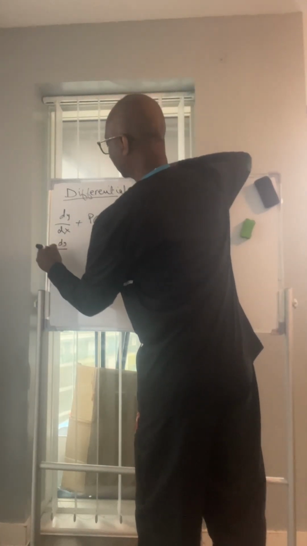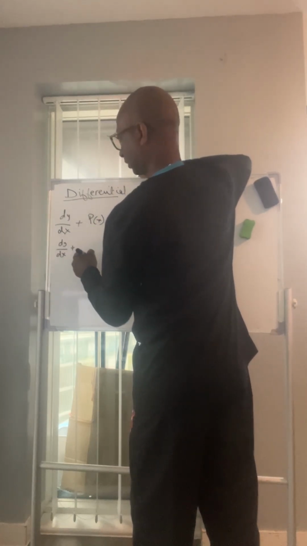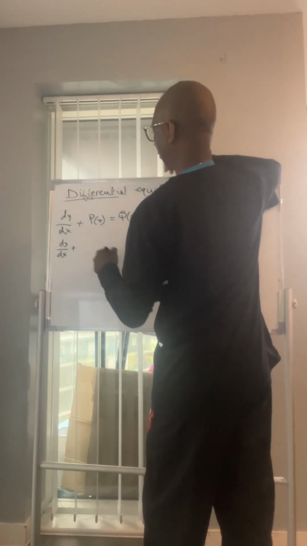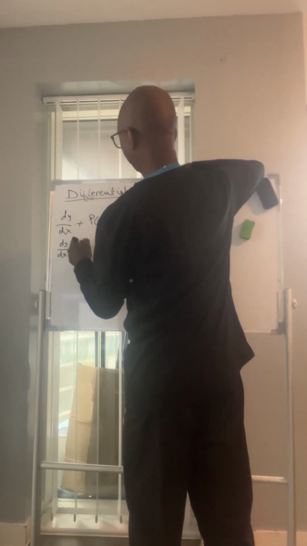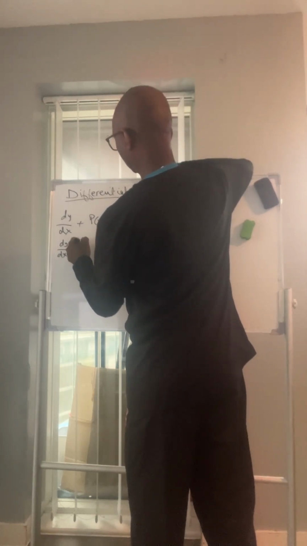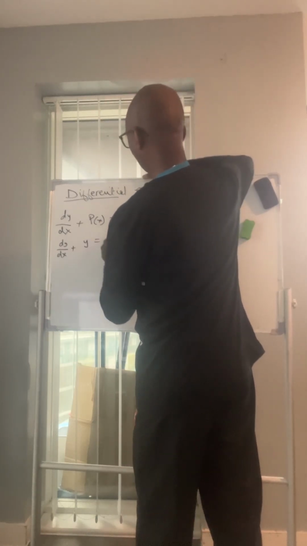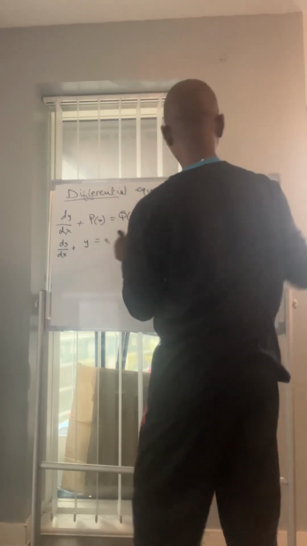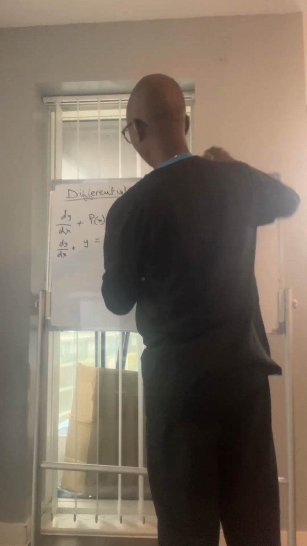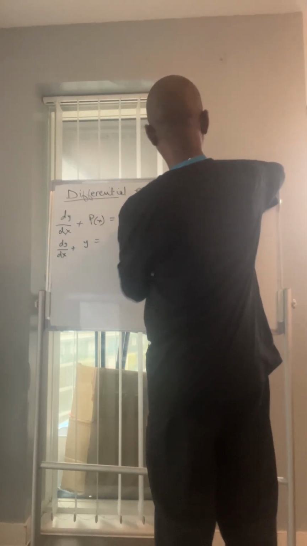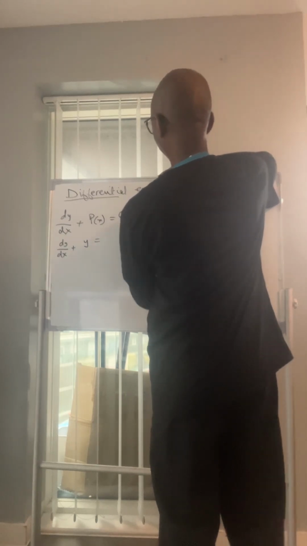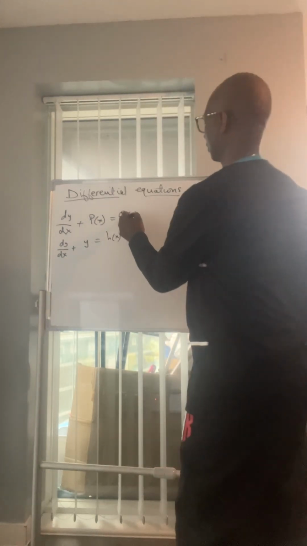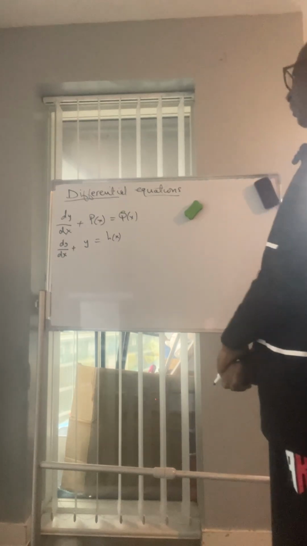If you have dy/dx plus p of x times y equals, this one we still leave it at q of x. It's a function of x, say h of x.